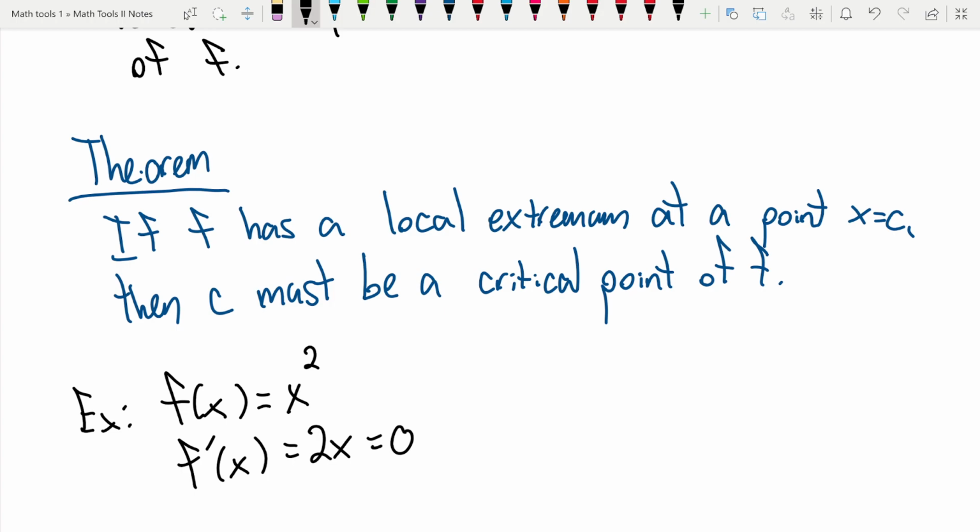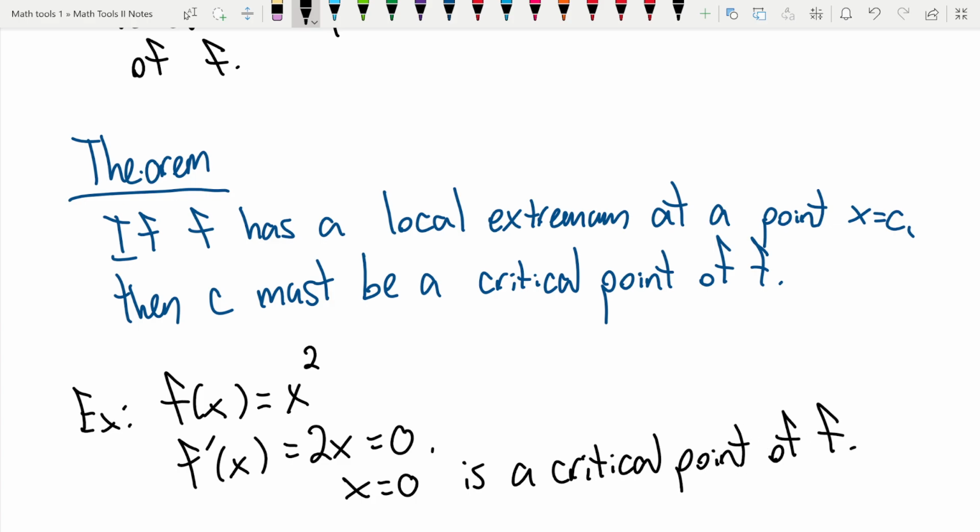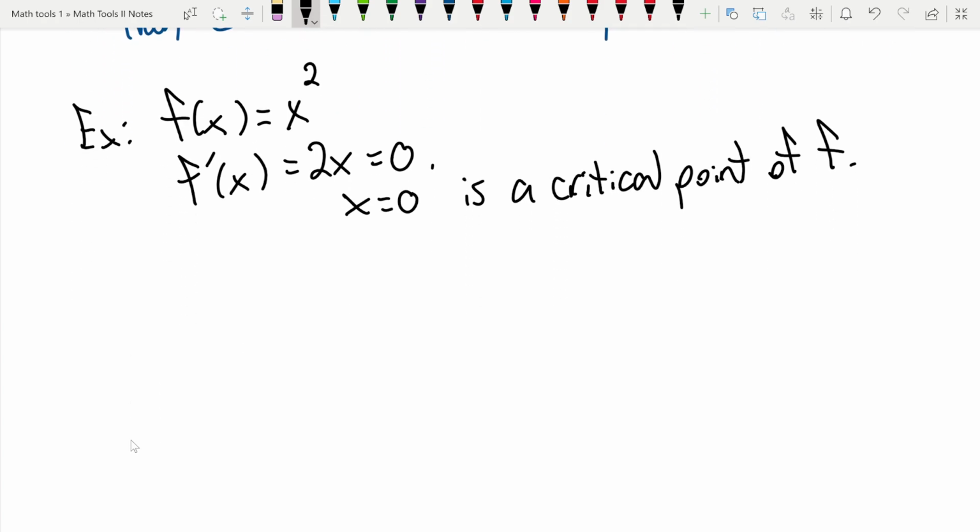In this case, it's never undefined because the domain is negative infinity to infinity, but it will be 0 at a point, namely at x equals 0. So x equals 0 is a critical point of f. So this is where we would suspect that there might be a local maximum or minimum.